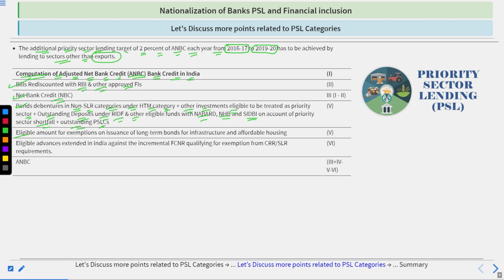Then eligible amount for exemptions on issuance of long-term bonds for infrastructure and affordable housing. Eligible advances extended in India against the incremental FCNR qualifying for exemption from CRR and SLR requirements. Then ANBC.